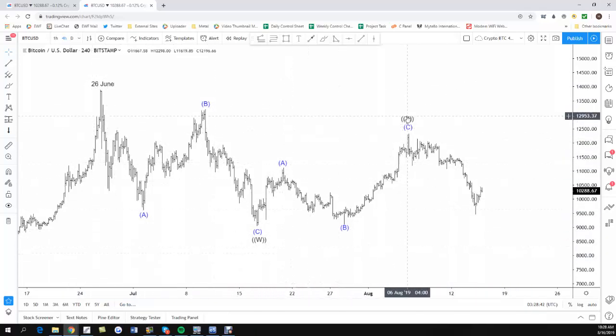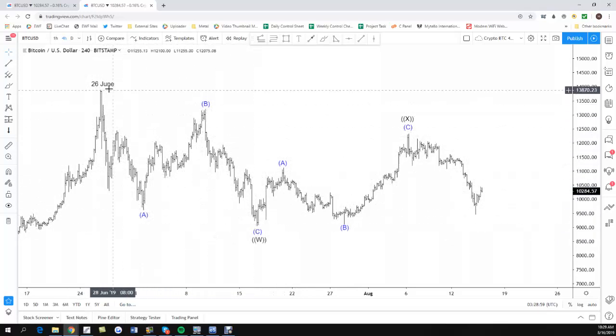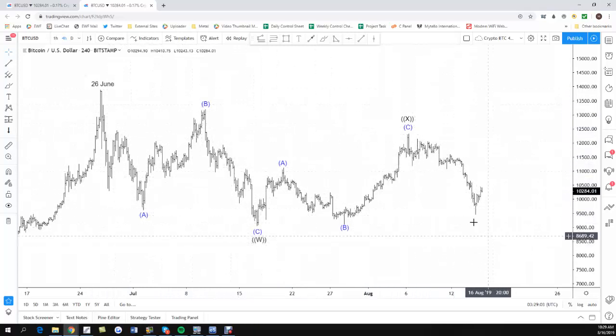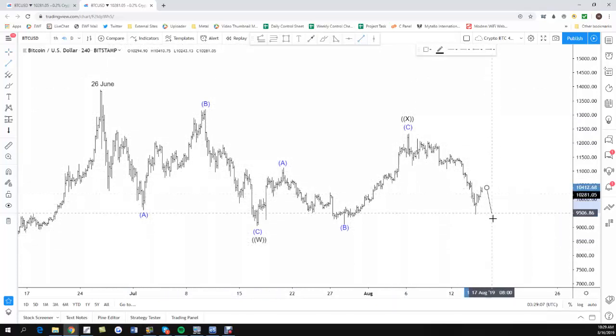If this is truly a WXY, then that means it's a double zigzag, in which this is a flat right here, or a zigzag. It depends on how you label this. It can be labeled as a flat as well, like an ABC and then 5 waves. So you have a W, X, and then now we're looking for another zigzag.